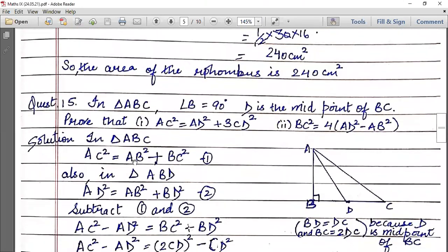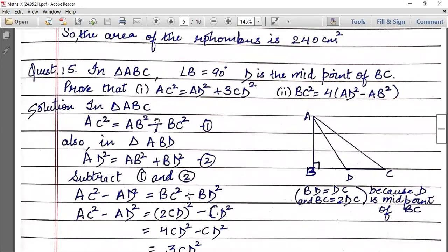Now children, let's move to question number 15. In this, a triangle ABC is given to you, in which angle B is 90 degrees. Just have a look at the bigger triangle, triangle ABC.